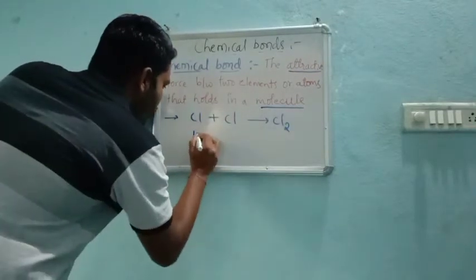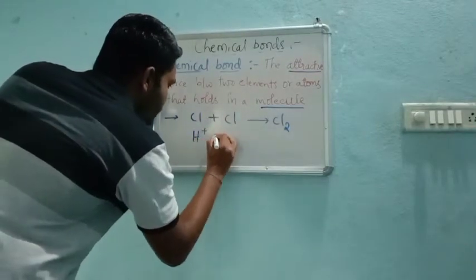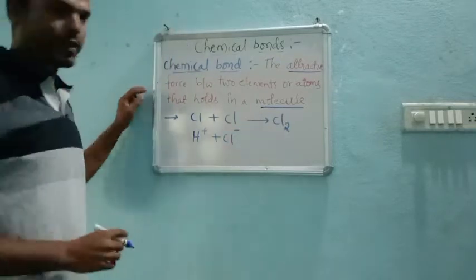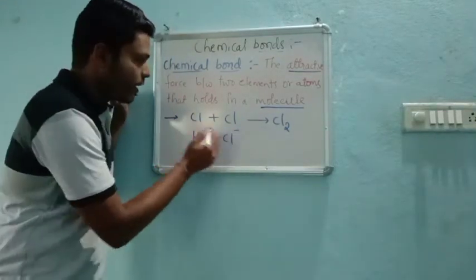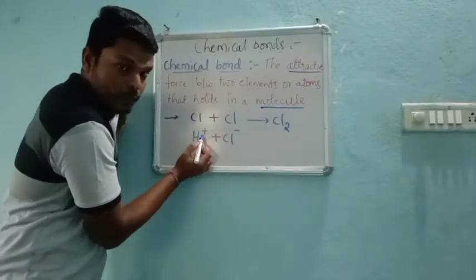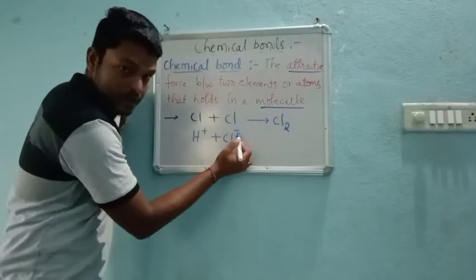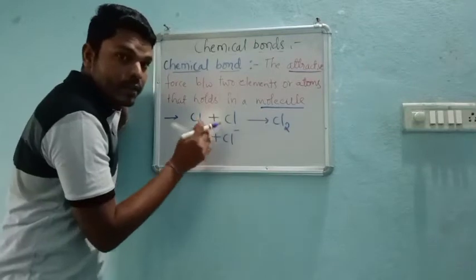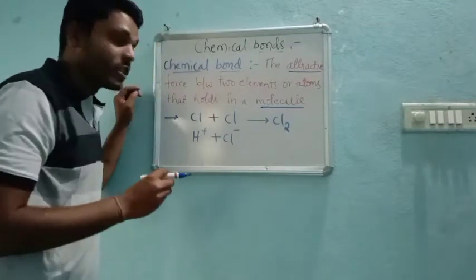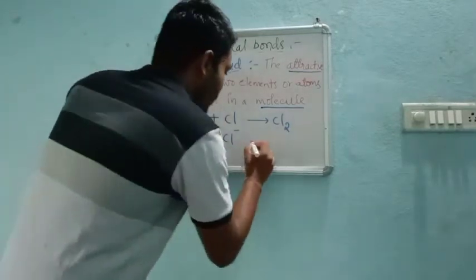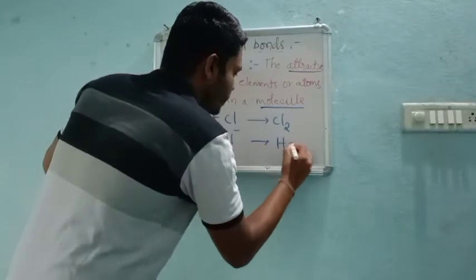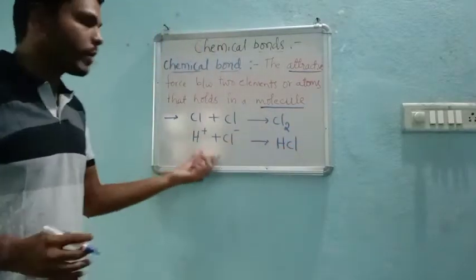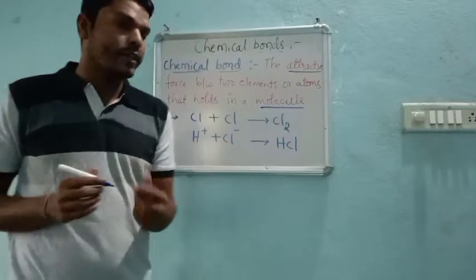One more example we can see: H plus Cl minus, right? Now you can easily understand. Here there is a positive charge and here there is a negative charge, so they have different charges. Opposite charges attract each other and form a bond. You saw this type of reaction in your 9th or 10th classes, right?